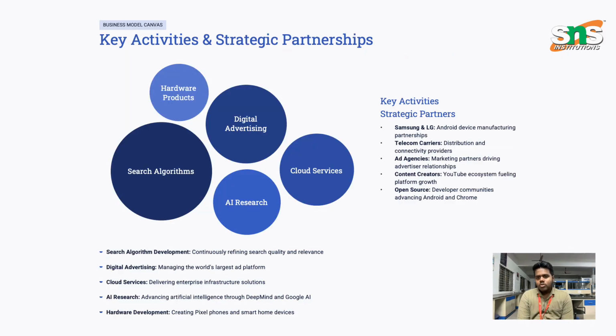Key partners also include users like content writers as well as YouTube channel creators. Additionally, they have infrastructure partners to power their servers, which are NVIDIA, and Google has its own chip which is manufactured by TSMC.